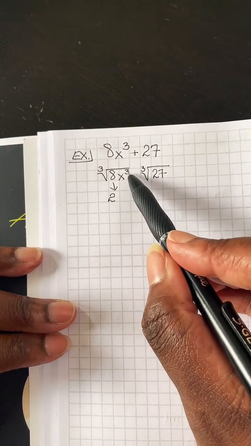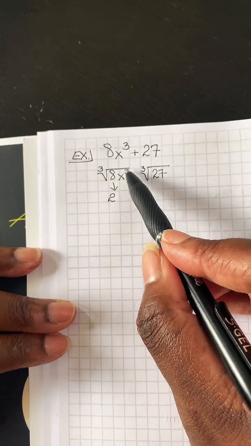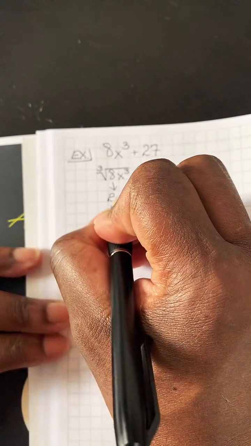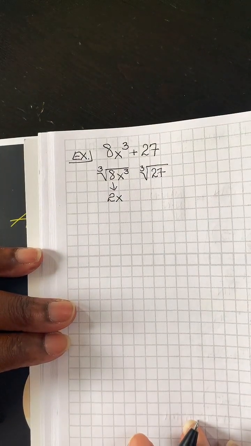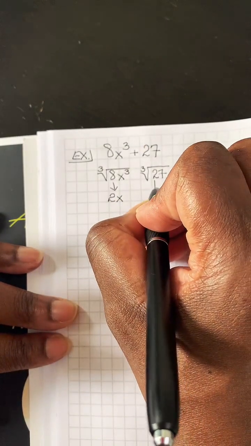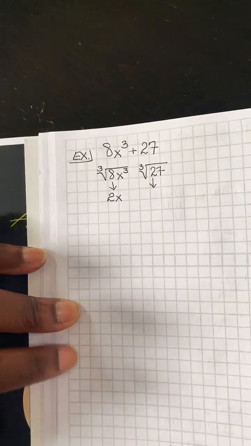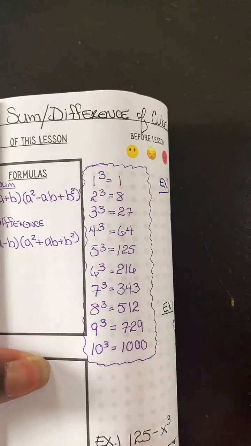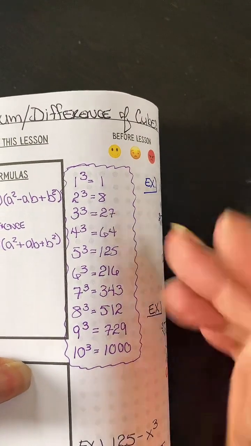Now, x to the third. So the cube root of a cube, they cancel out, which will leave me with my x. Okay? Not my x. You can go kick rocks, but you know what I'm saying. All right? So, the cube root of 27. So we're going back to our list. We go to 27, the base is going to be 3.